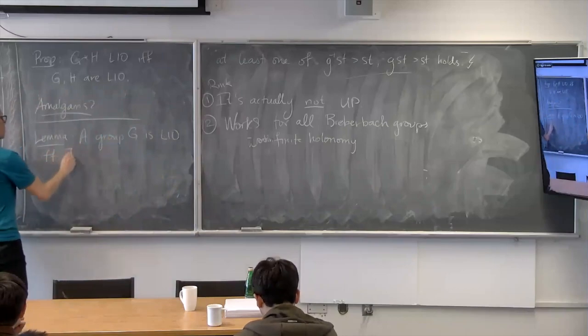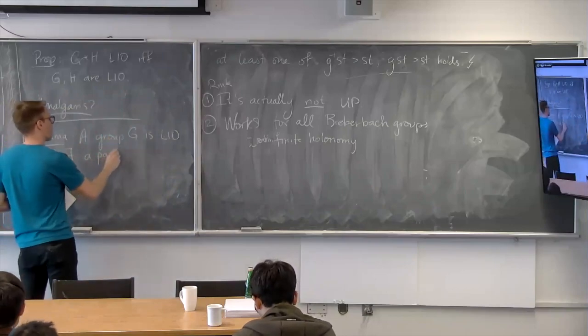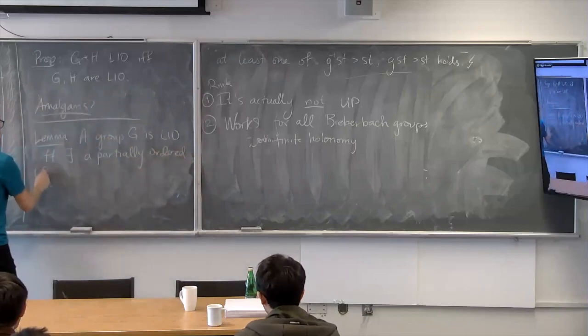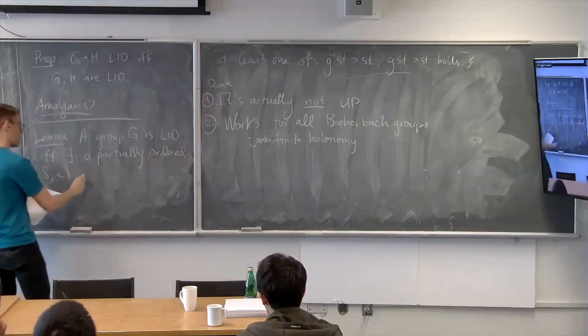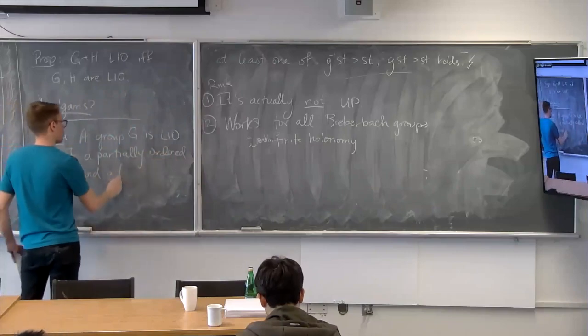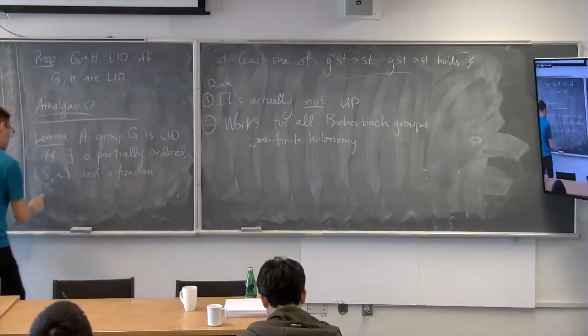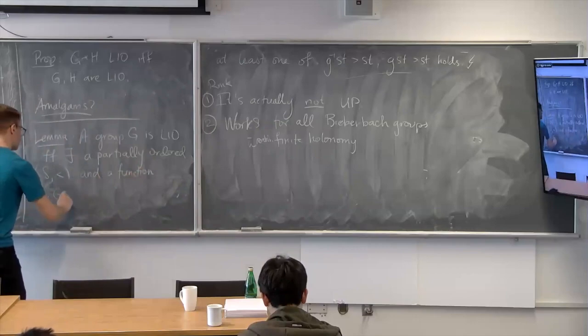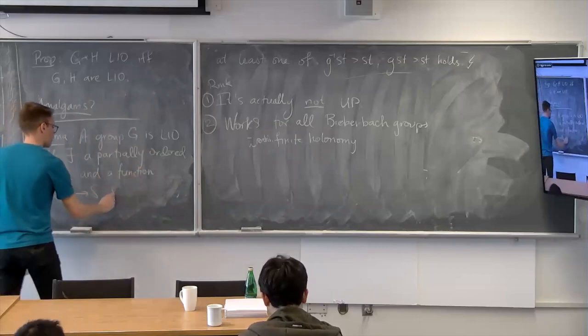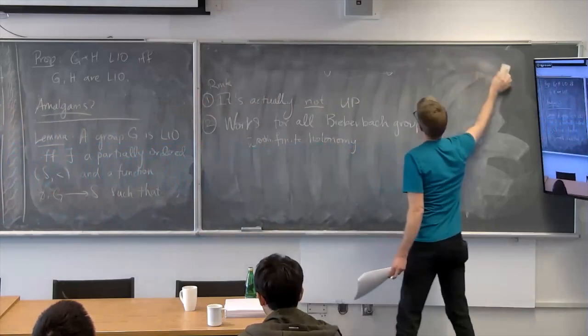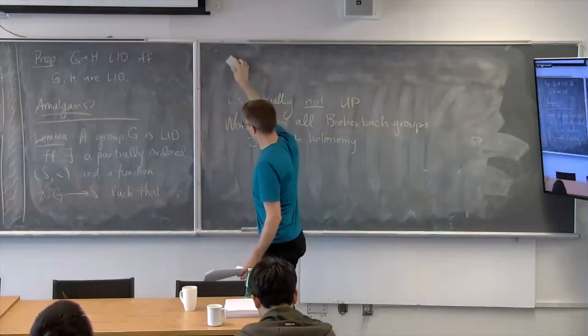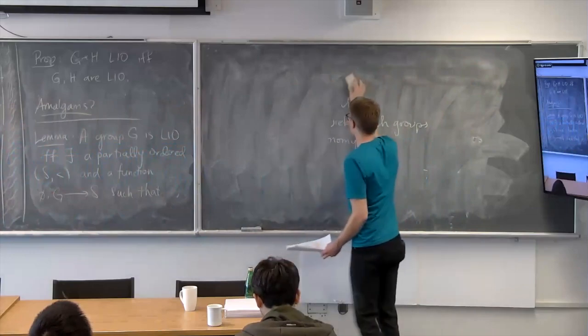A group G is LIO if and only if there exists a partially ordered set (S, <) and a function P from G to S such that the image of the function behaves exactly like a locally invariant order, is what I want to say.